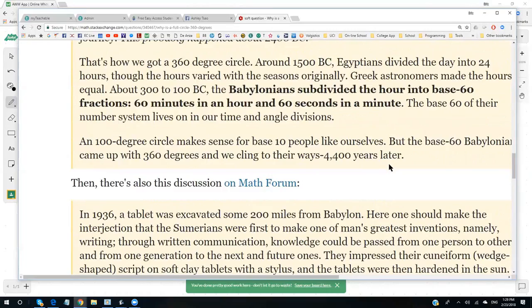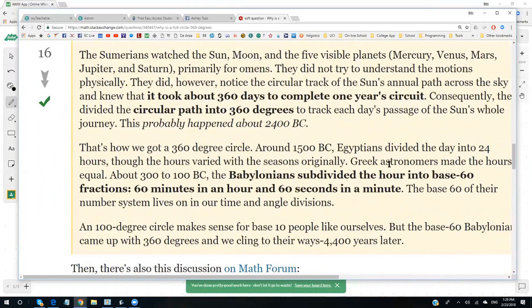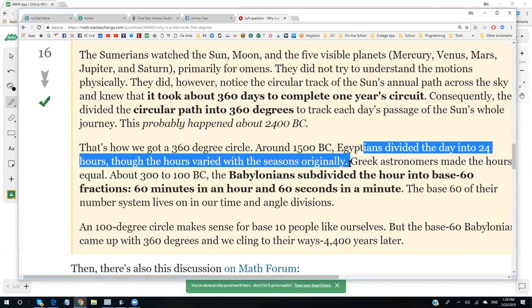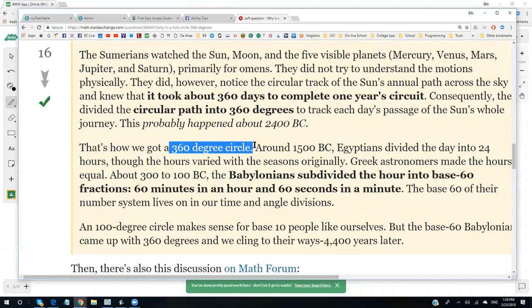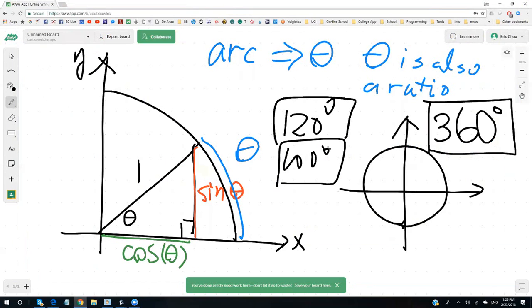And then later, about 1,000 years later, the Egyptians also divided it into 24 hours. They got a 360 degree circle, and then they divided it into 24 hours, right?